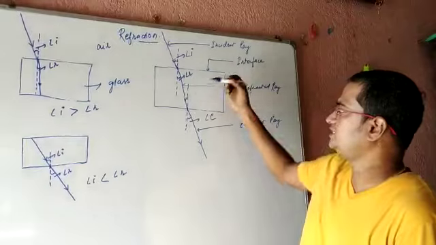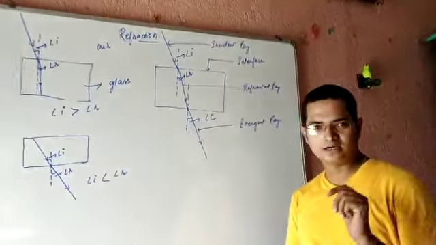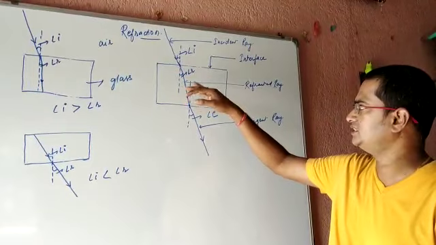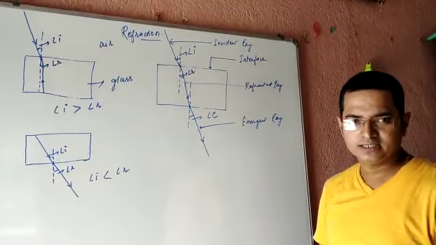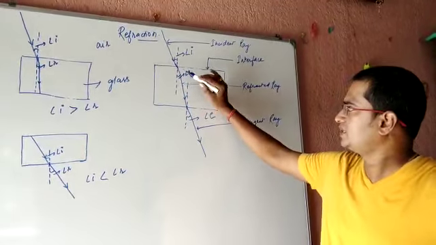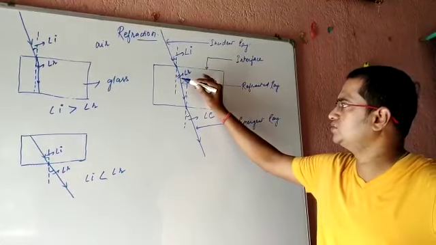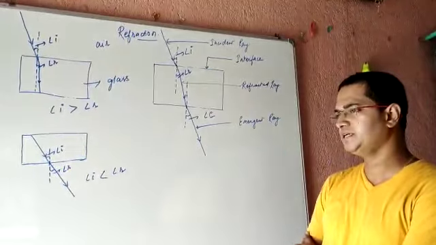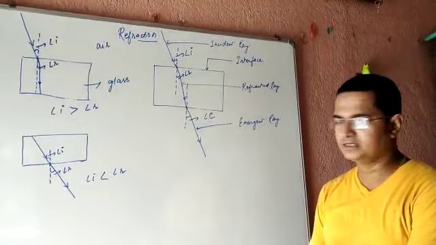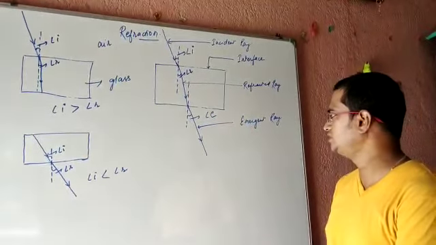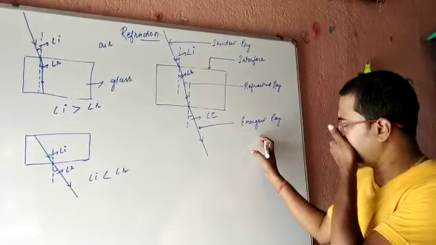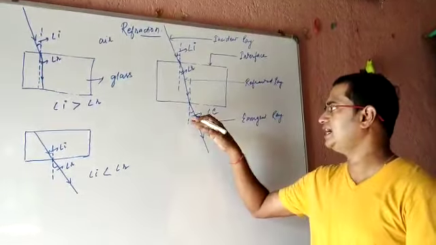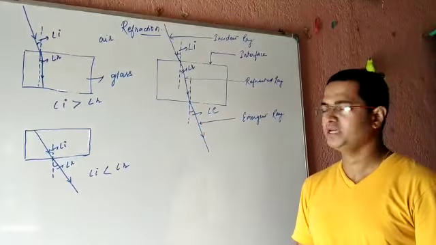Now refracted ray: the ray which gets refracted because of the phenomena of refraction is known as refracted ray. The angle formed between the refracted ray and the normal is known as angle of refraction. The ray which emerges out after the phenomena of refraction is known as emergent ray. And the angle formed between the emergent ray and the normal is known as angle of emergence.